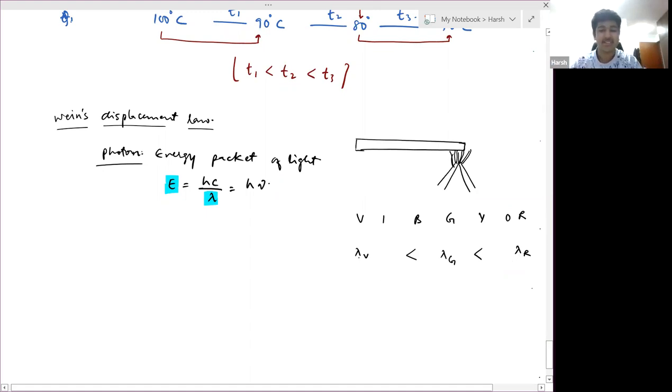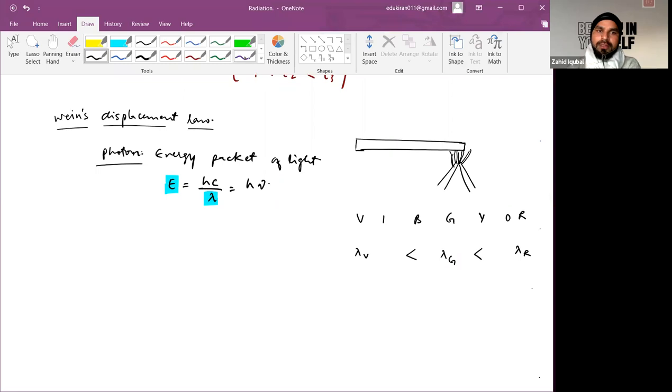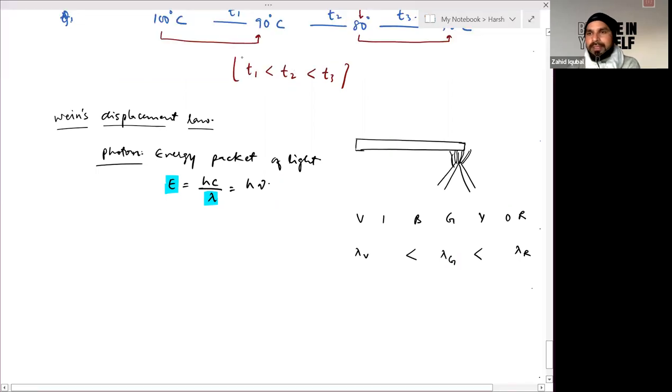Yes, red. So according to this relation, we can say red wavelength photon will have least energy and violet wavelength photon will have maximum energy. Is it clear? Yes, sir. In last class, I defined that the energy of a hot body depends upon its temperature.